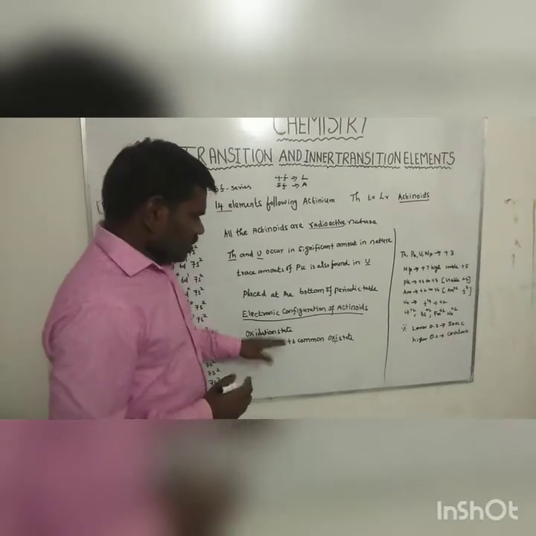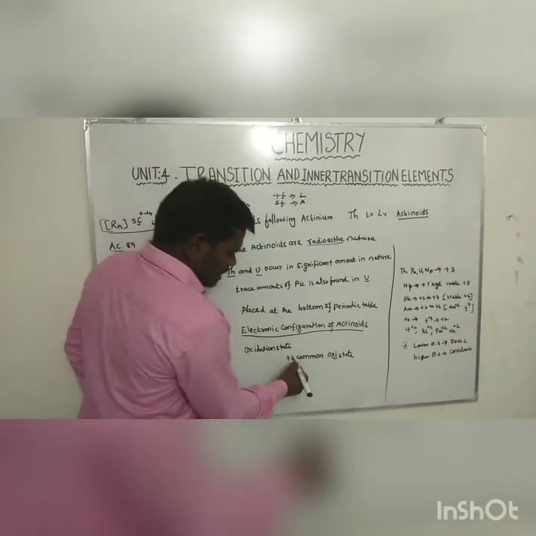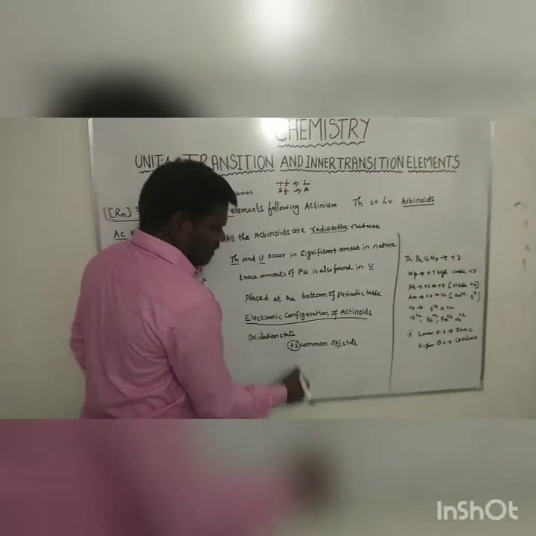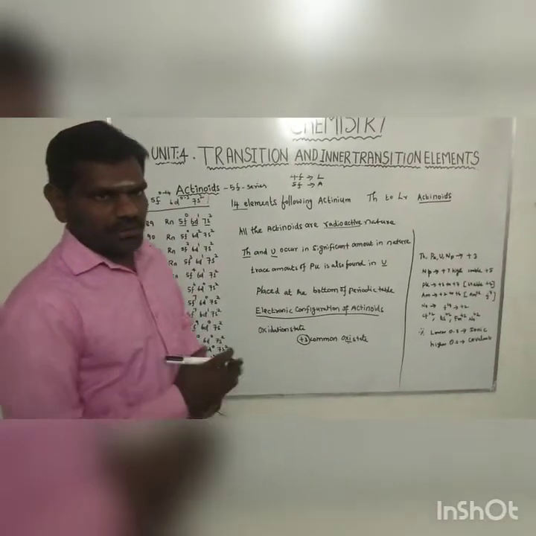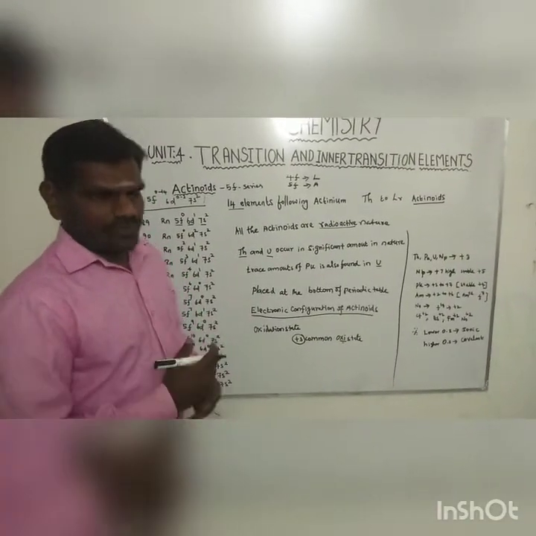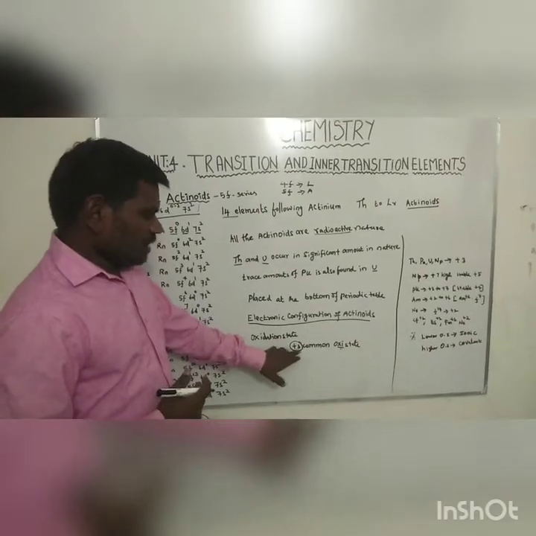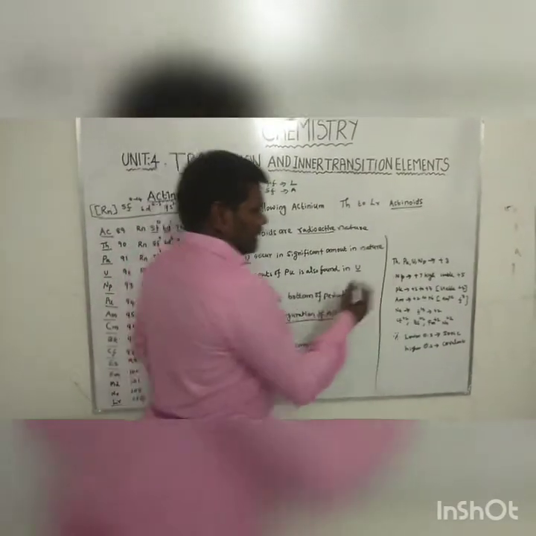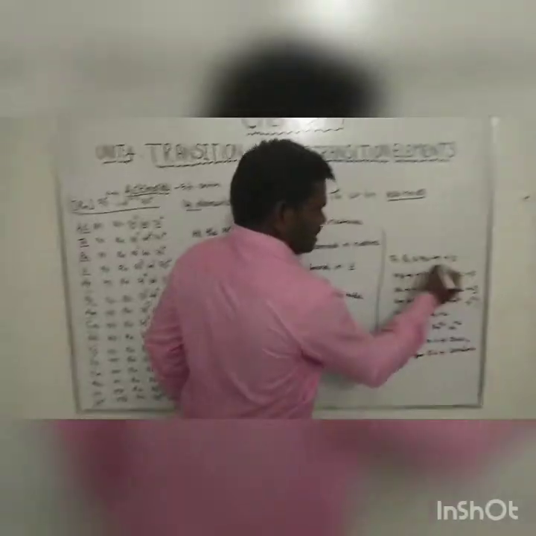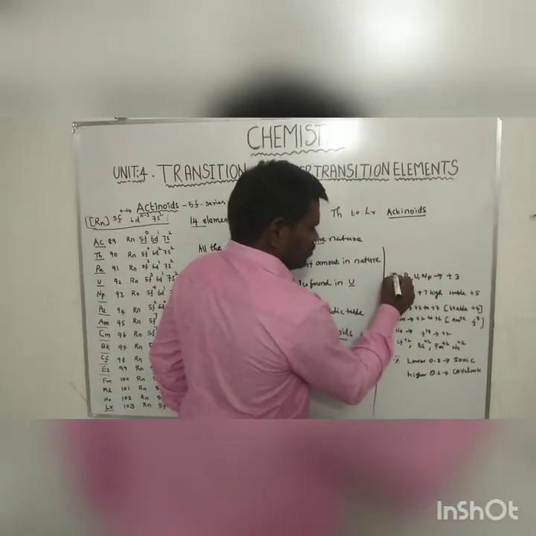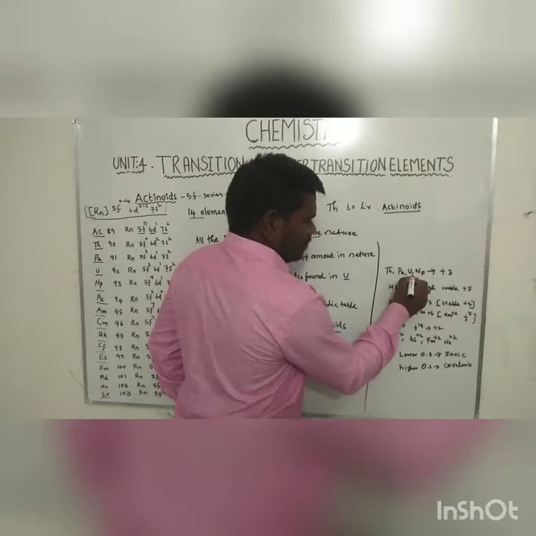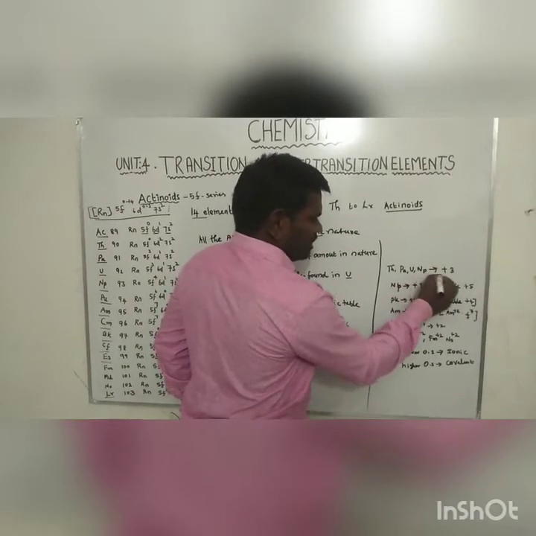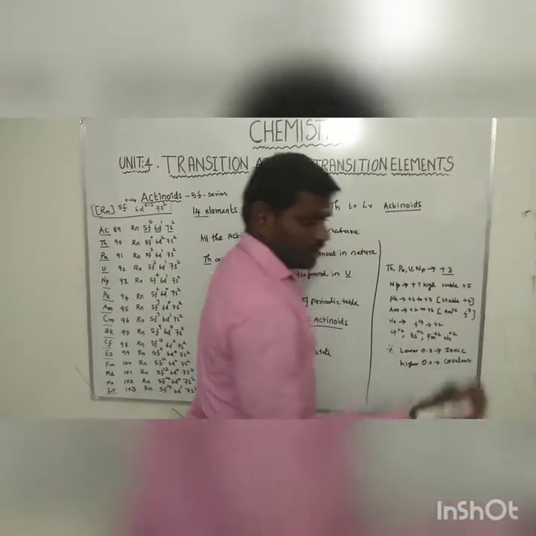The oxidation state of actinides is generally +3, which is common, as in lanthanides. But some elements like thorium, protactinium, uranium and neptunium exhibit more than one oxidation state.